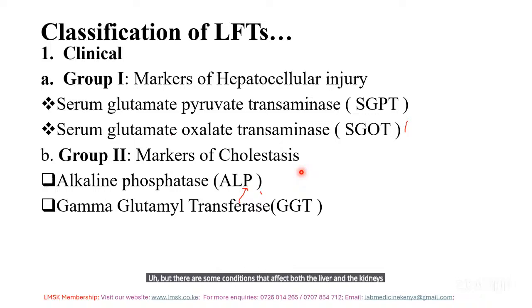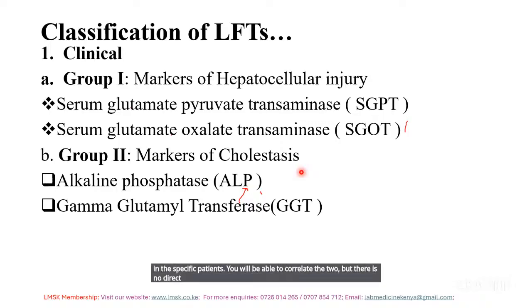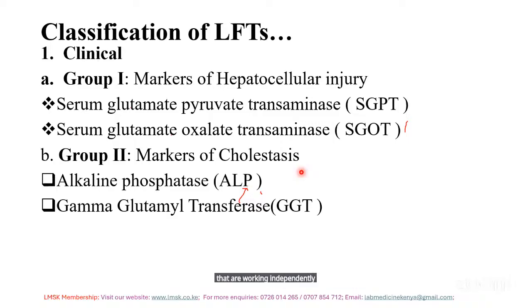So if there is such an interaction in specific patients, you will be able to correlate the two. But there is no direct correlation, because they are different organs working independently to do different work. So I think that one can be approached from that angle.